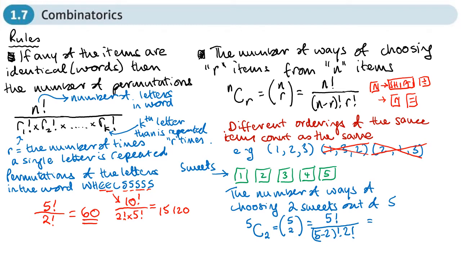We could work it out manually by doing 5 factorial over 5 minus 2 factorial times by 2 factorial, or you can just use the NCR button, that would be quicker. So I'm going to do that now. It'll be 5 shift divide 2. So that gives me 10. So there would be 10 ways of choosing 2 of these sweets from the 5 that are there.